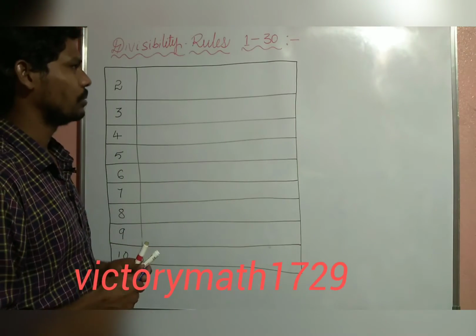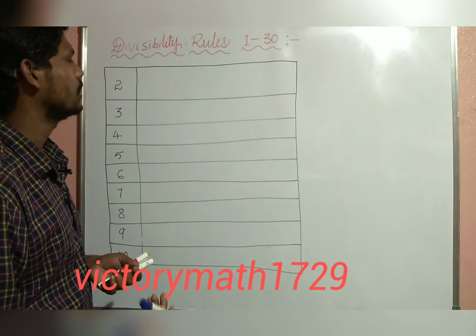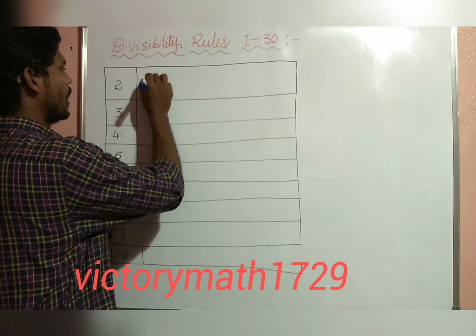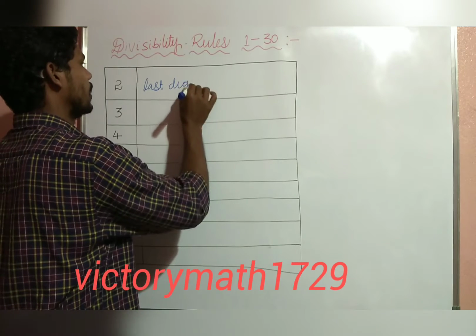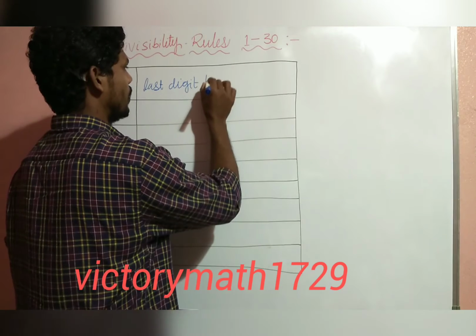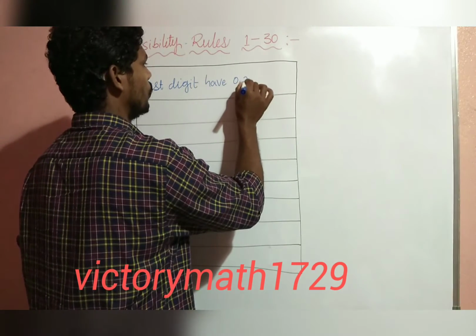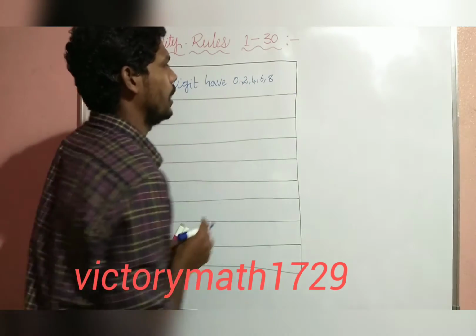The condition for the divisibility rule of 2 is whether the given number has its last digit, meaning the units place, as 0, 2, 4, 6 or 8.